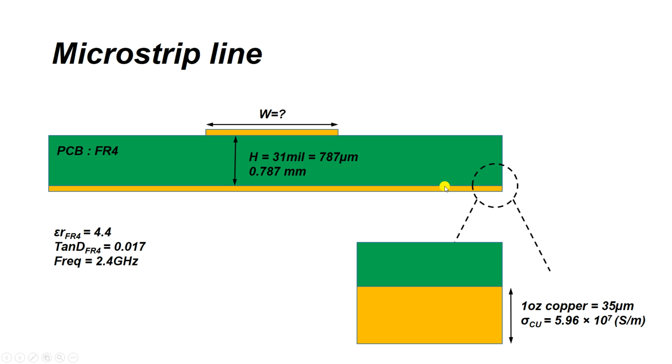And pay attention that the thickness of the ground plane at the bottom is exactly equal to the thickness of the line on top. And the conductivity of copper is 5.96 times 10 to the 7 Siemens per meter. Okay, after knowing all these parameters, the next step is to add these values in ADS line calculator and find the width. Okay, so let's do it.